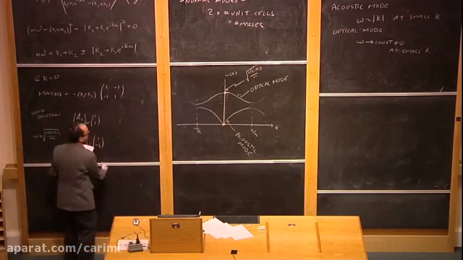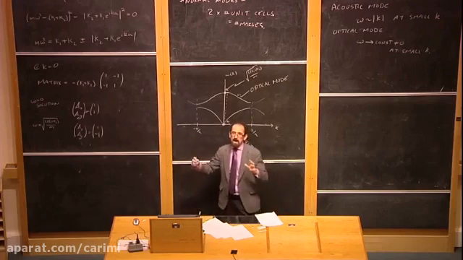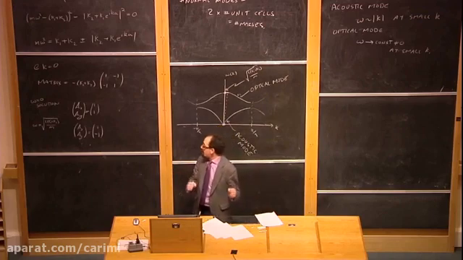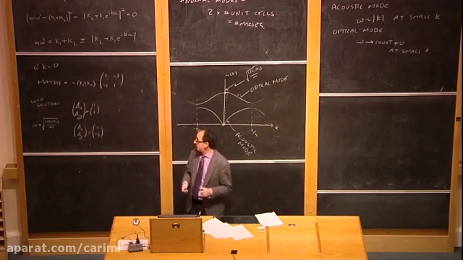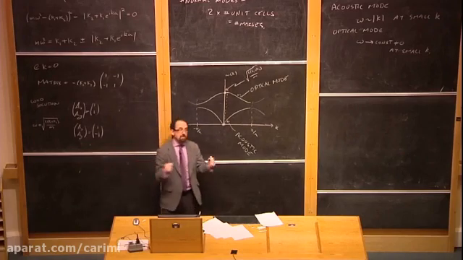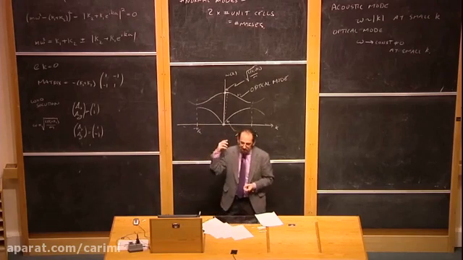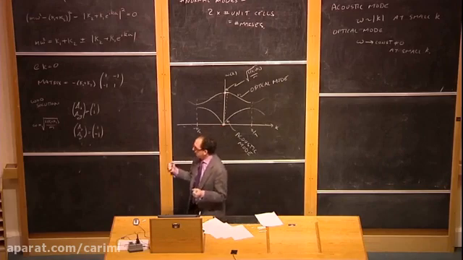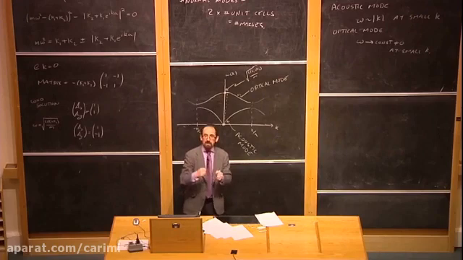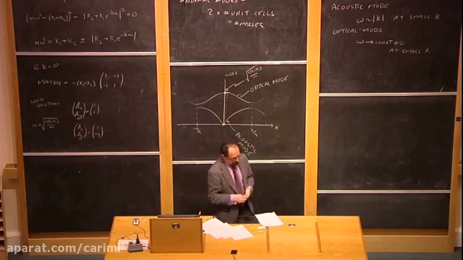What this is telling us is that for the acoustic mode near k equals 0, the atoms are actually moving with their neighbors, that both of the atoms in the unit cell are moving in the same direction at the same time. They're moving in concert. Whereas for the optical mode, the higher frequency mode, the two atoms in the unit cell are moving opposite each other. And it's actually quite natural to explain then why it is that the optical mode is so much higher in frequency, because in the optical mode you're compressing the springs maximally, whereas in the acoustic mode you're hardly compressing the springs at all because everyone is moving in the same direction.